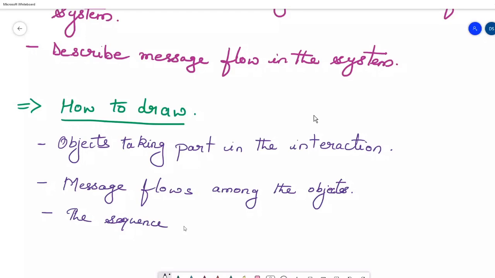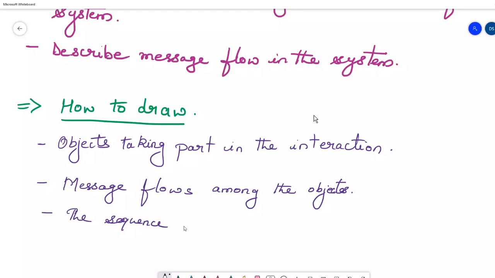Okay, so I'll take a very simple example of our class itself. If we have to draw an interaction model between the student and a teacher, we know that in the interaction model we take actors.